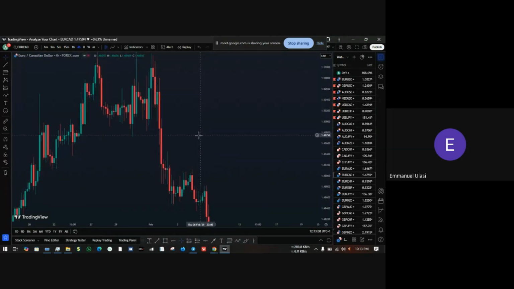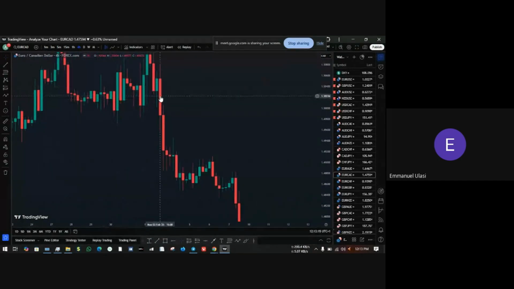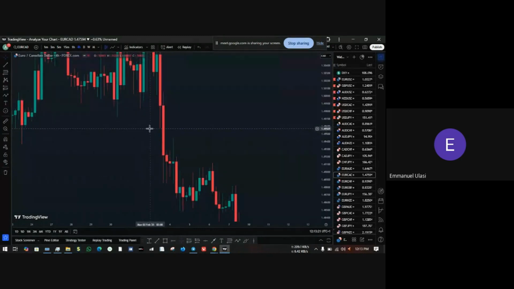So what is a fair value gap? A fair value gap is typically a gap between three candles. Let's say this is the first, the second, and this is the third candle, right? A fair value gap will be found when we have a gap between the wick of the first candle and the wick of the third candle. Like I said, this is the first, this is the second, and this is the third candle.